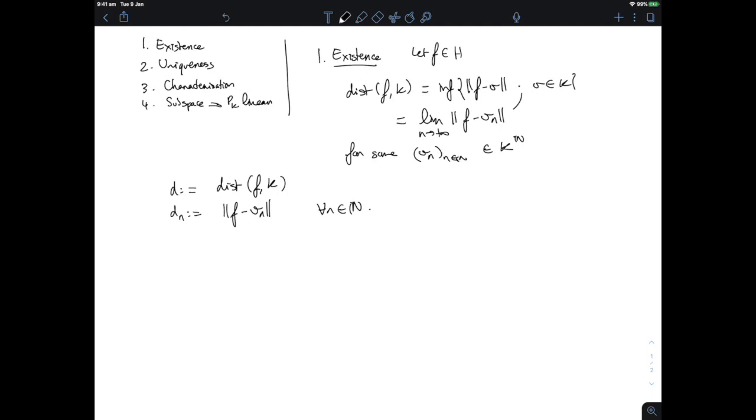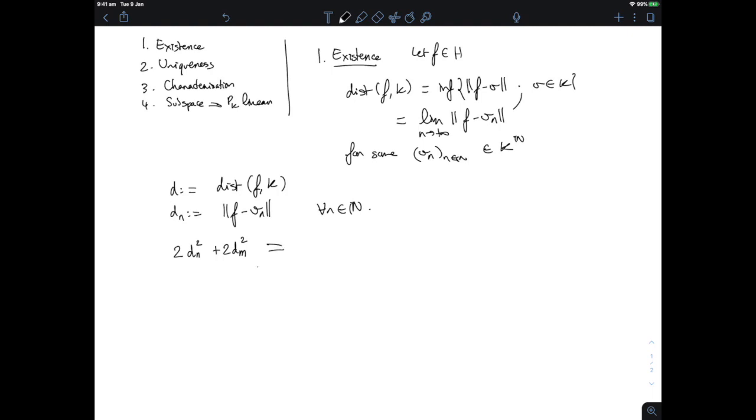So that's a fairly common way of proving existence, by constructing an approximation of the object we're interested in and proving that this approximation converges. Right, so how are we going to go about doing this? I'm going to look at 2 times dn squared plus 2 times dm squared. Now, dn is the norm of f minus vn, dm is the norm of f minus vm.